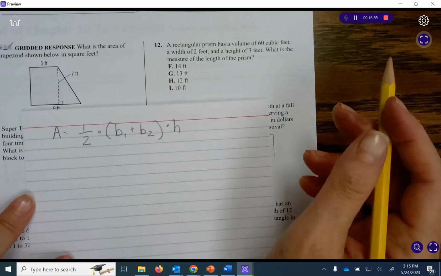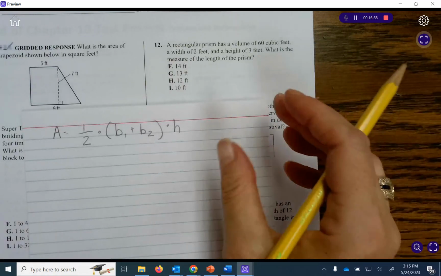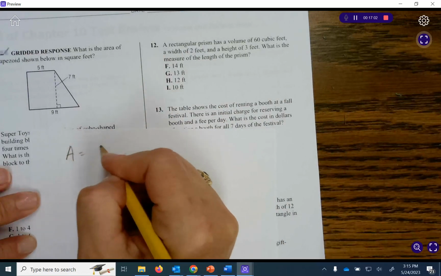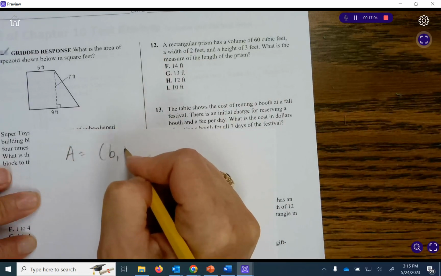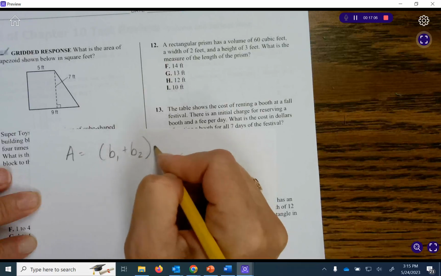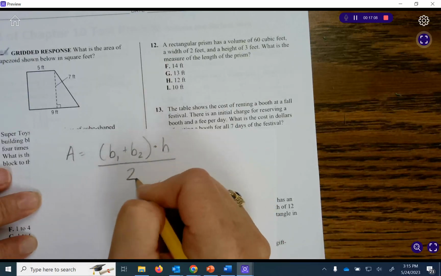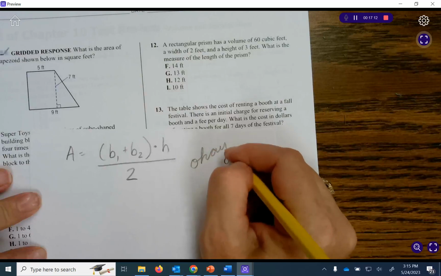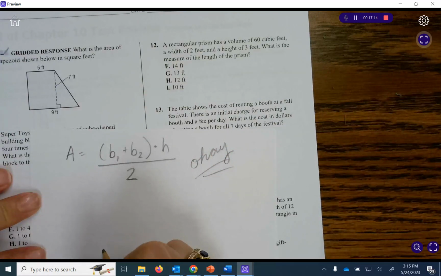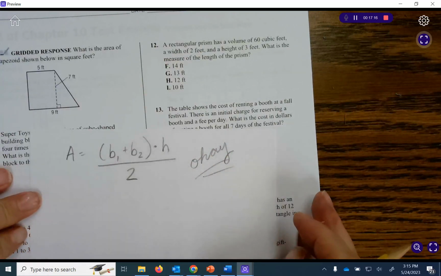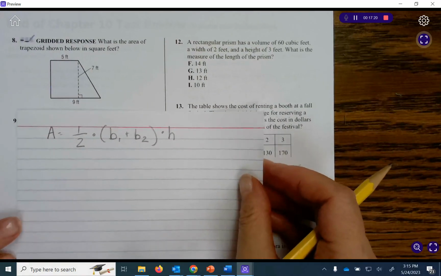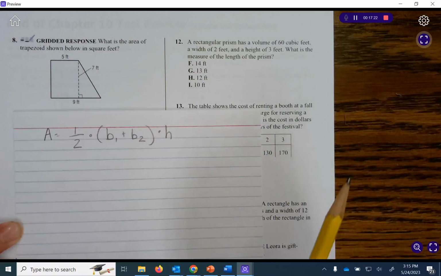Now, I have seen instances, and maybe even in your textbook, where it's area equals base 1 plus base 2 times the height divided by 2. That is totally okay. Multiplying by 1/2 and dividing by 2 is the same thing. All right? So we are going to use this formula.